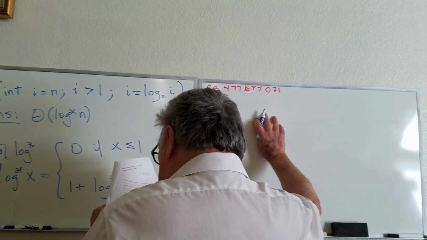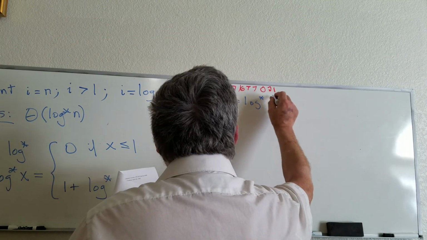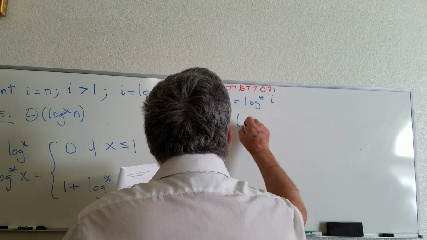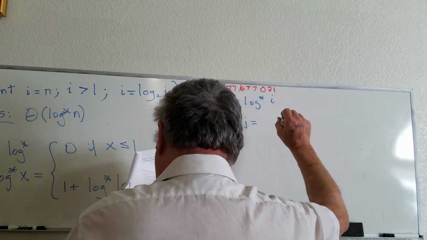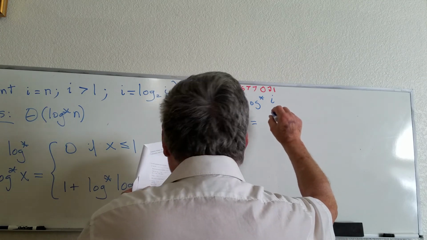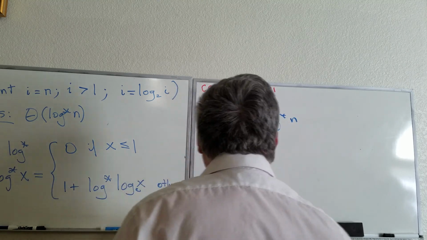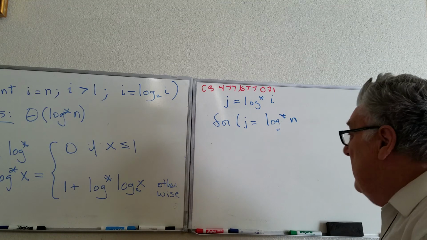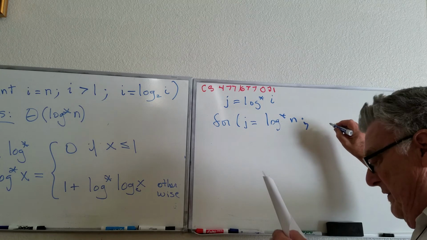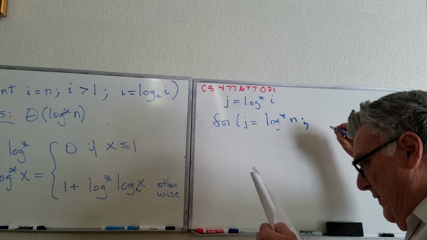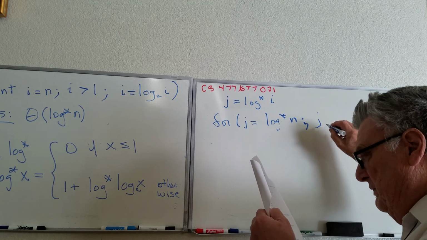So we'll say, let j equal log star i. So then we have j equals log star n, because the initial value of i is n, and j is log star of that. Now what are we going to do? We're going to say that j has to be greater than 1.